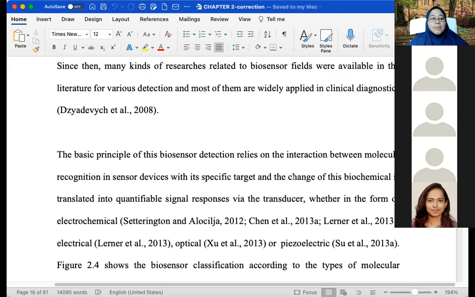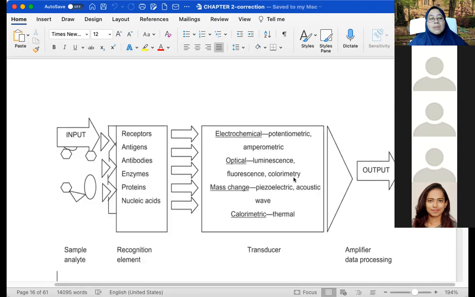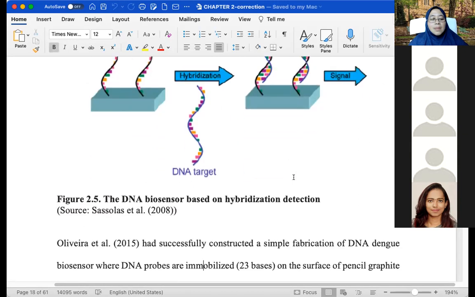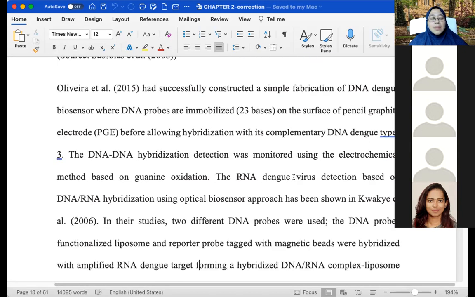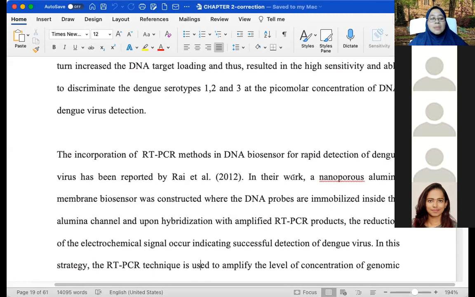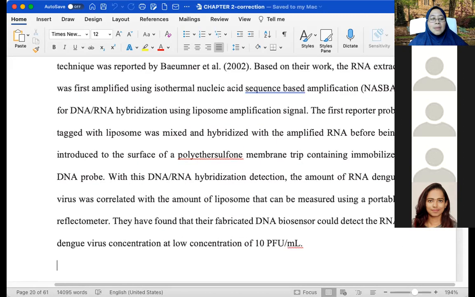Talking about the principle of biosensors, because he's focusing on DNA or nucleic acid-based biosensors, that's why you have it here. The principle, all the important factors related to DNA biosensors. Let's move on.